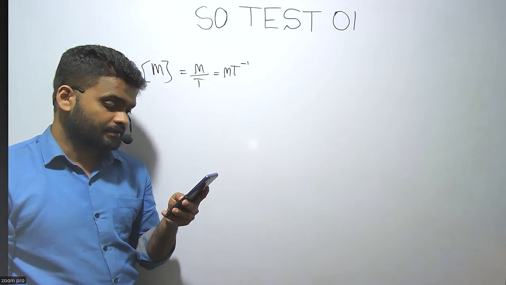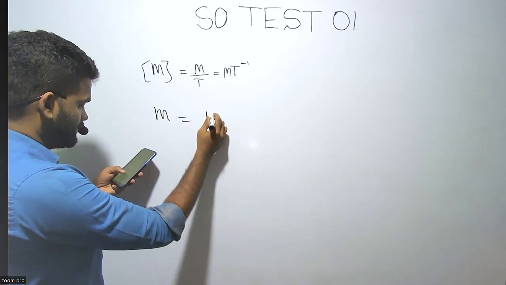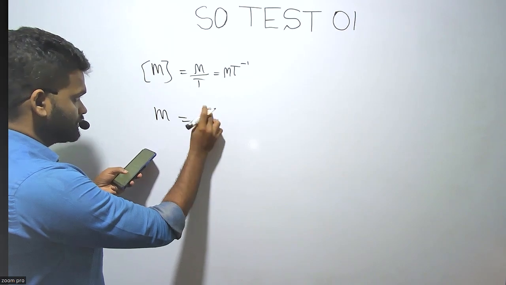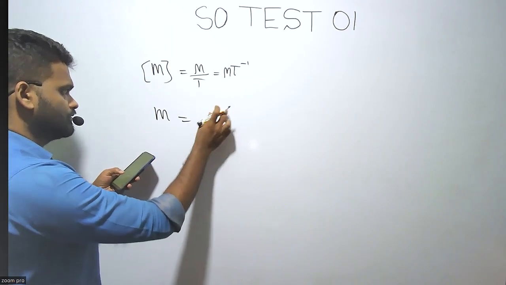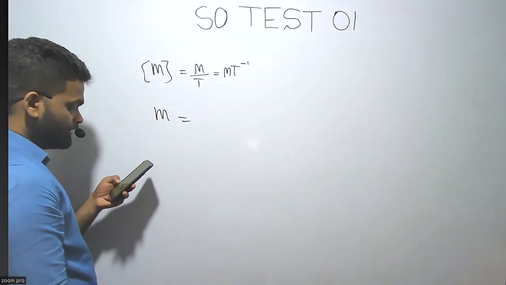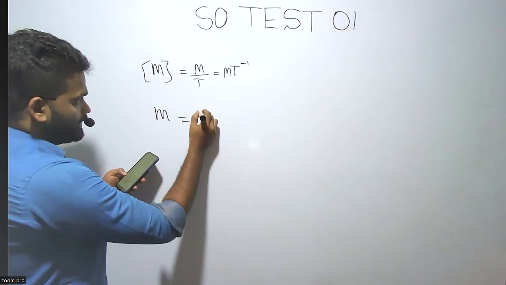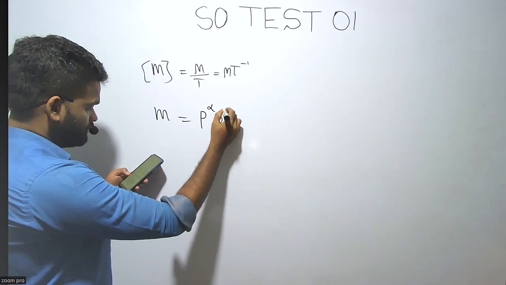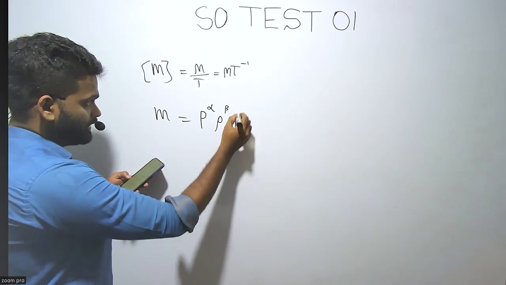Then they say that you gain that by this equation. K is dimensionless, right? So I'm not writing K. You don't need to write it, but in an essay question, it's better to write K. Here P alpha, rho beta, A gamma.